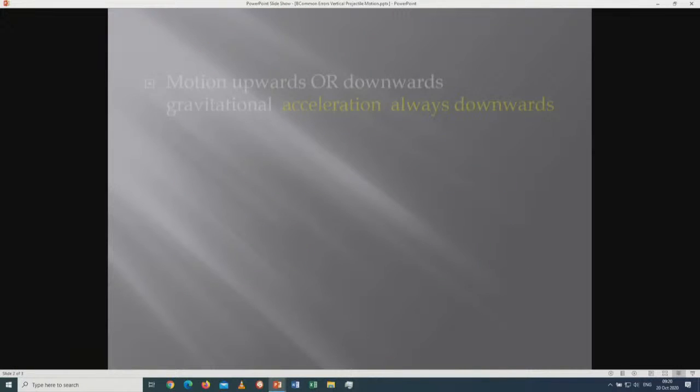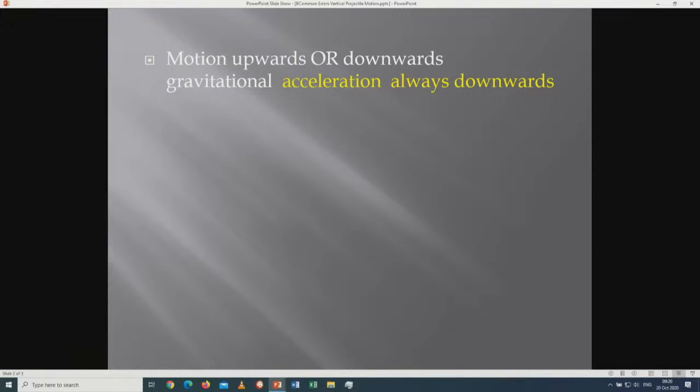So that in your calculations is very important. Remember that your gravitational acceleration is always downwards. Please, if the object is moving upwards or downwards, gravitational acceleration must and can only be downwards.